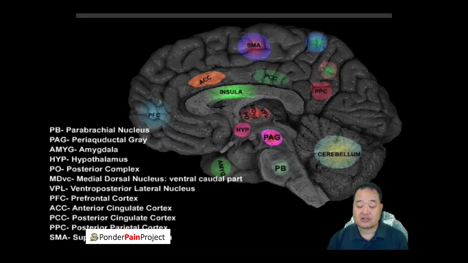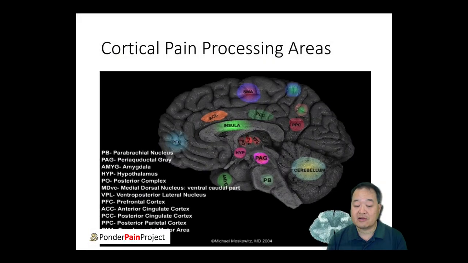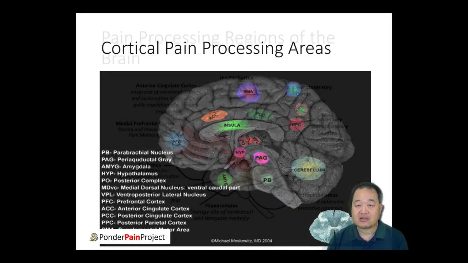But in addition to that, you'll see that once it gets routed from the thalamus, it goes to that structure called the AMG, which is a symbol for amygdala. But in addition, you'll see how it goes to the insula, the anterior cingulate cortex, and the medial prefrontal cortex. You'll see how they're located deep within the brain and also in the forward aspects of the brain. And these are important as we start to talk about the meaning of these.